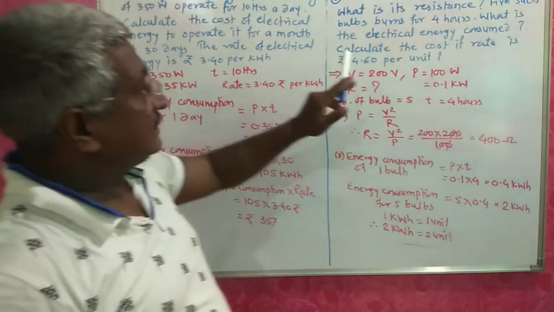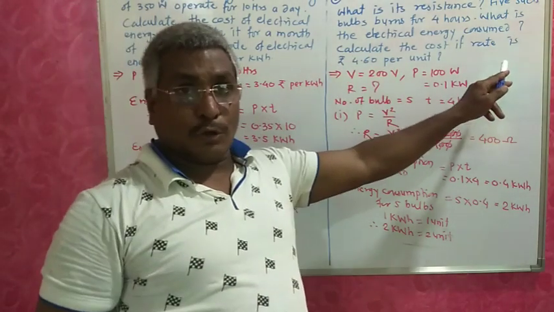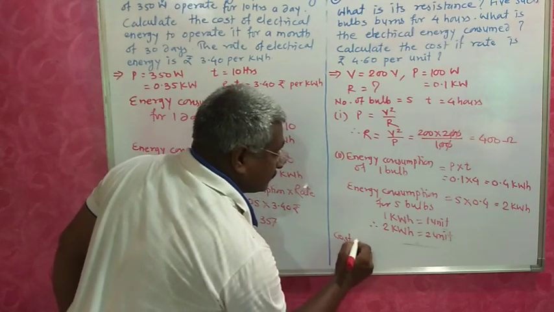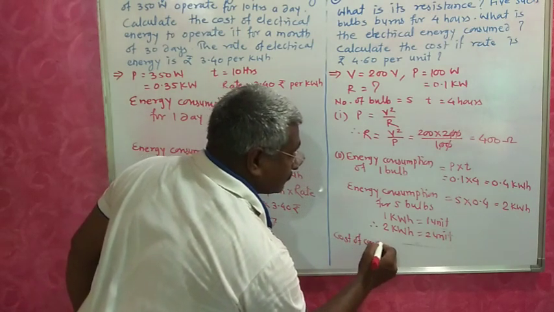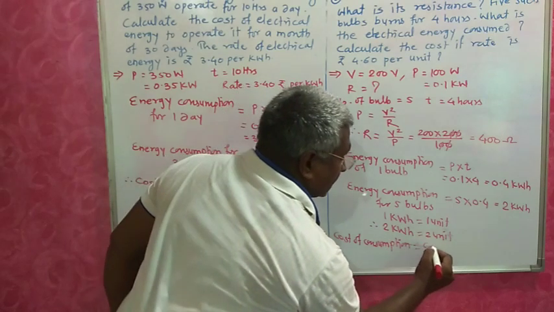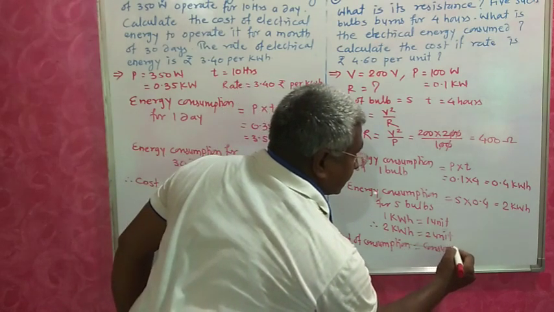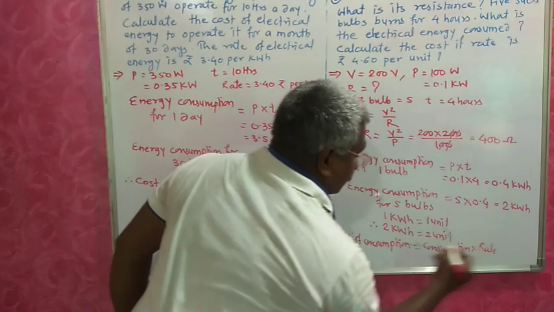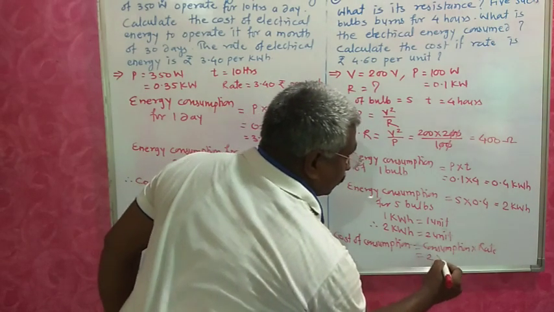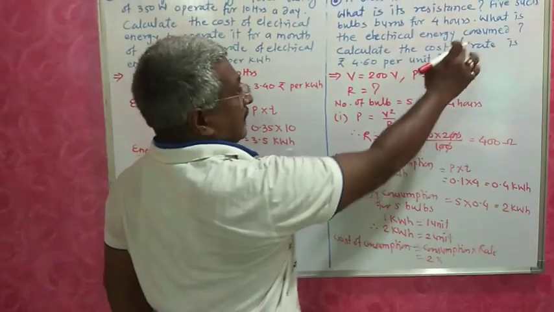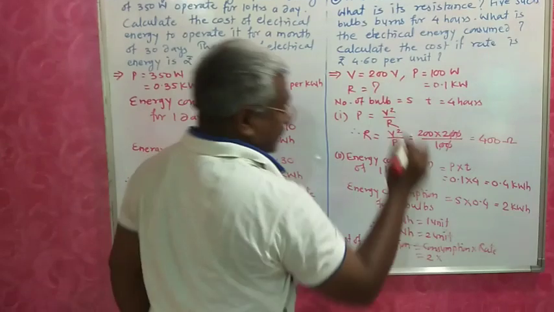Now what do they ask? Cost of consumption. So cost of consumption equals consumption into rate. So what is the consumption? 2 units. And what is the rate? The rate is given, 4.60.